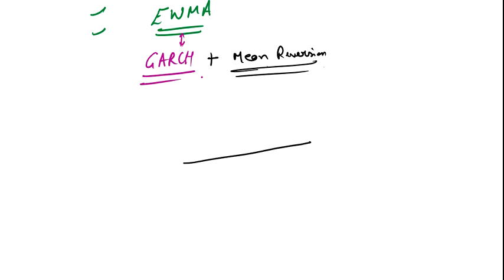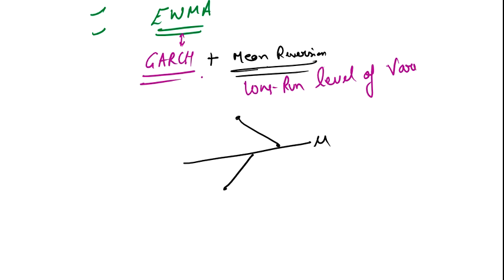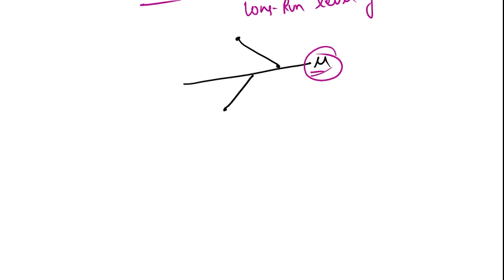If it is at a higher level, it will decrease to mu, and if it is at a lower level, it will increase to mu. Clear? So the feature of mean reverting is known as the long run level of variance. So mu is actually the long run level of variance.